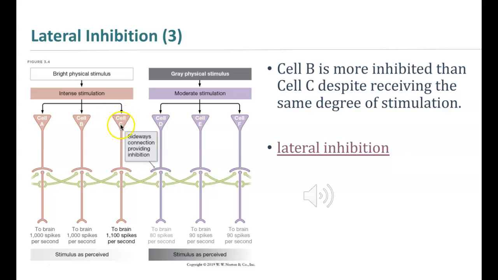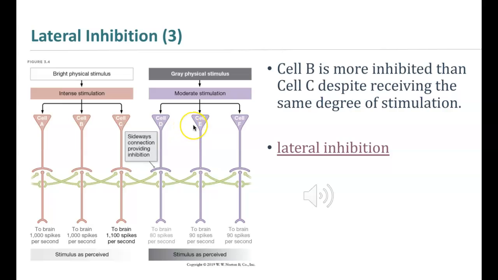And so that means this cell won't be as inhibited as cell B and will send a stronger signal, even though they're all getting the same level of light in. Okay, so that's kind of how that makes that edge look really, really bright, right?